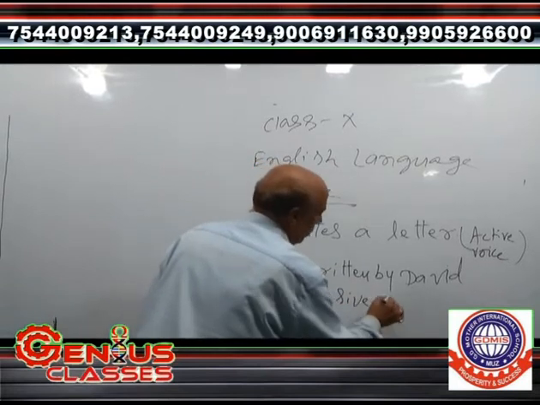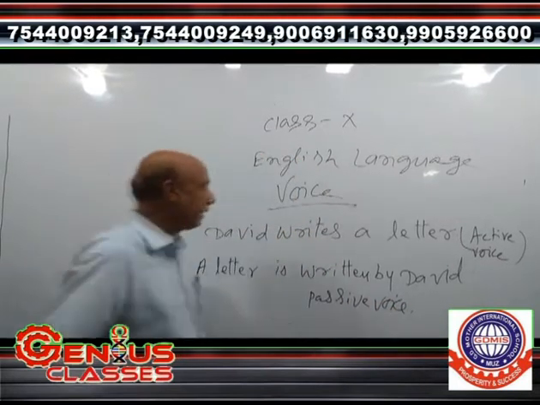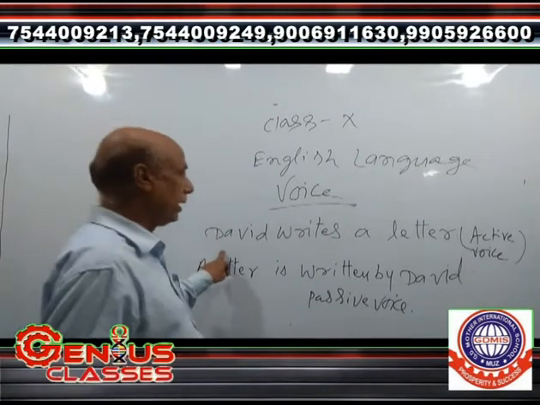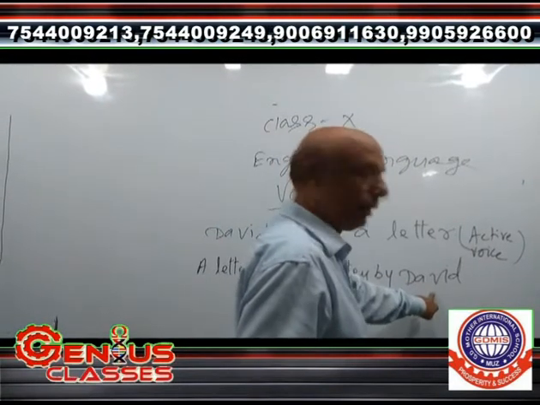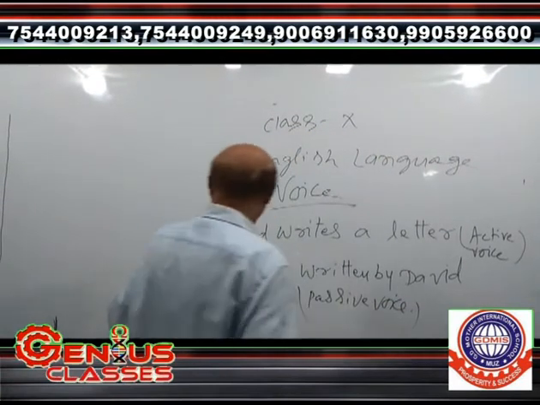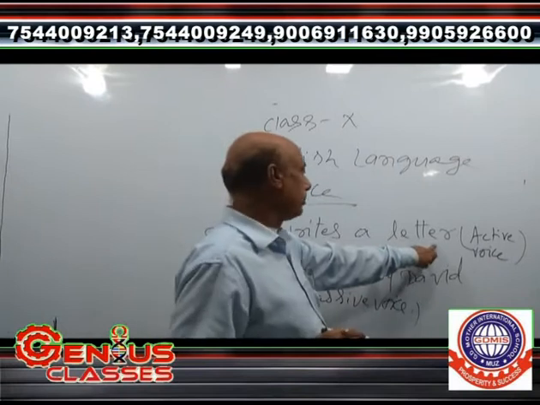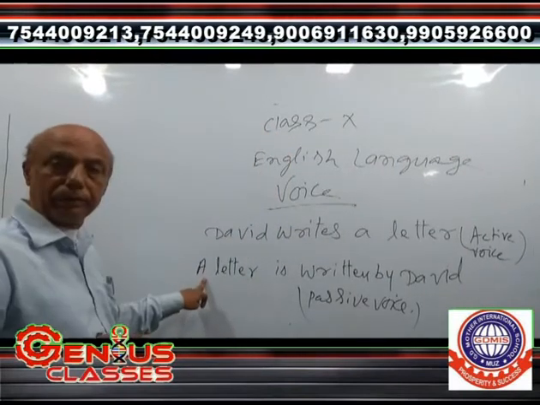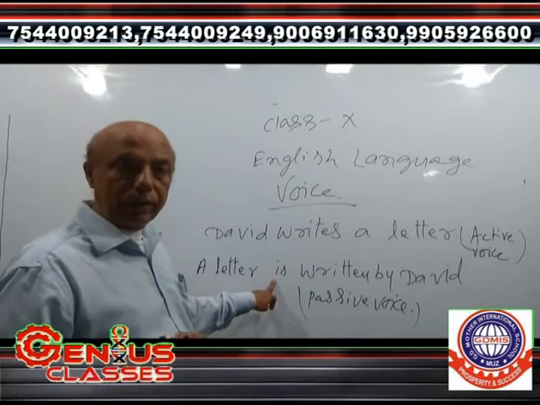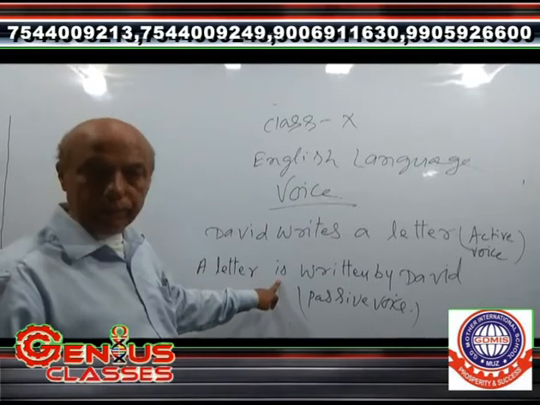Here, look and pay attention that the subject has been changed instead of the object, and the object has been changed instead of the subject. Here, a letter, the object, has been made the subject, and it is in the present tense, that is why is has been used.